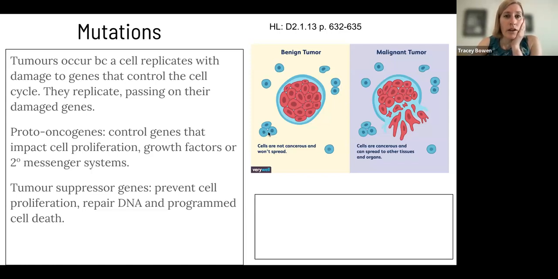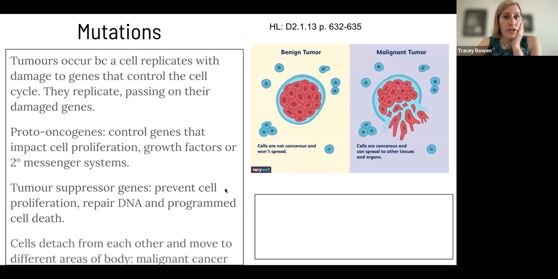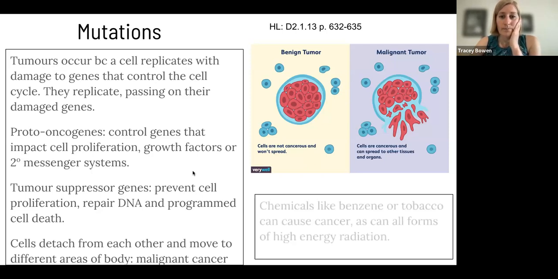So there are a lot of genes in cells that are designed to prevent tumors from occurring. But if you have damage to proto-oncogenes or tumor suppressor genes, then that can cause cell proliferation of damaged cells. If cells detach from each other and move to different areas of the body, that is considered a malignant tumor.